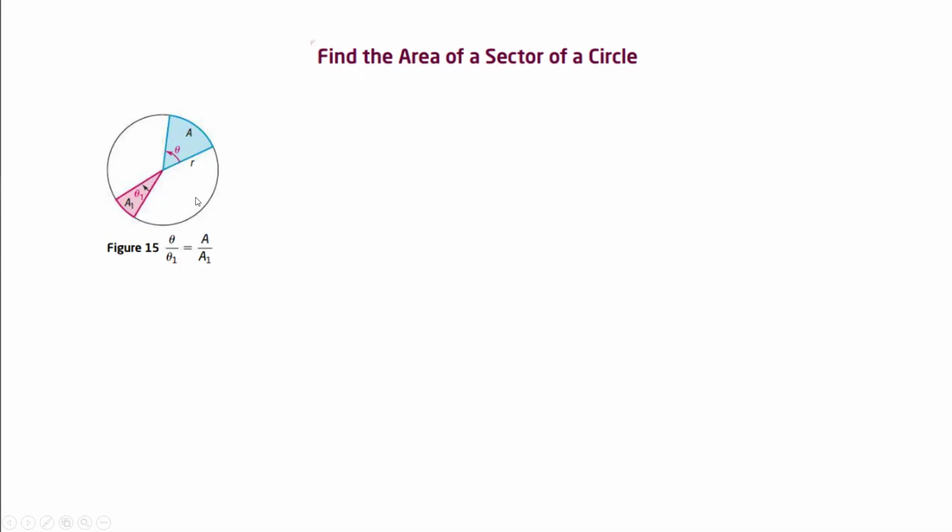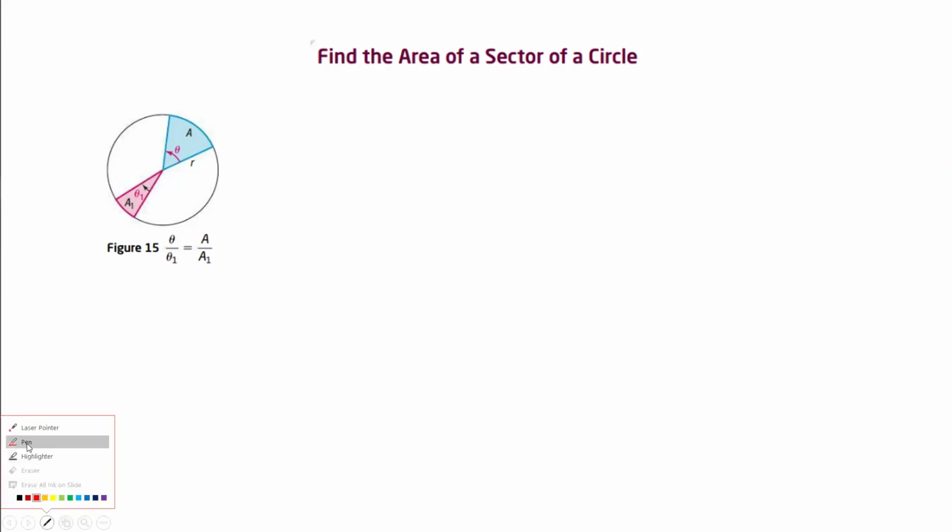Basically, the area of the blue is geometrically proportional to the area of the red based on the angle theta that is subtended by the arc that forms that little piece of pie. Okay, so we've got this relationship set up.